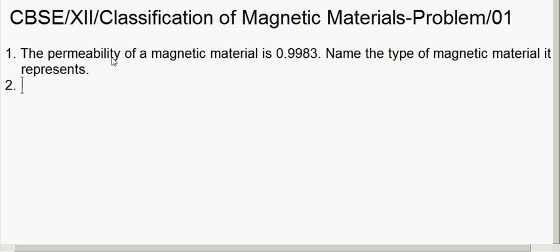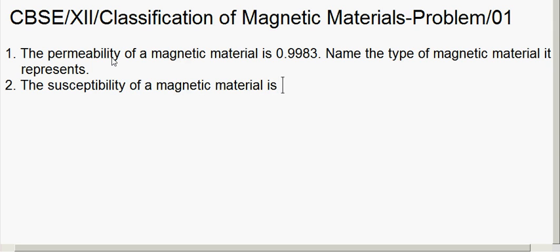The next one: the susceptibility of a magnetic material is 1.9 into 10 to the power minus 5.